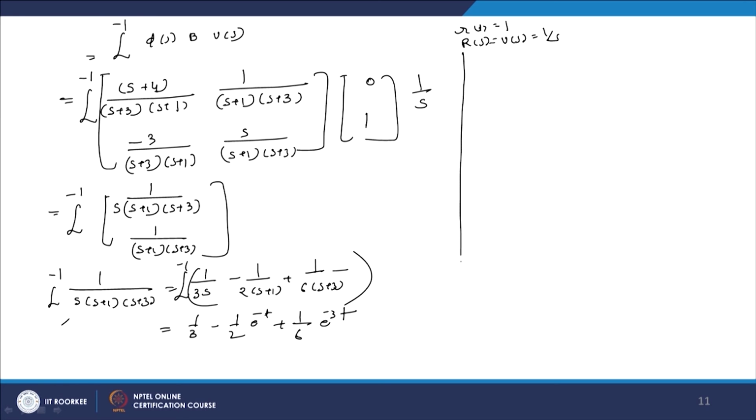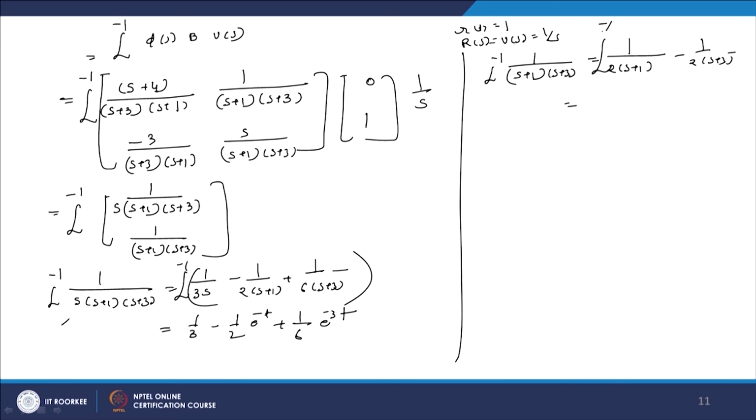Now, coming to the Laplace inverse of 1 upon (s plus 1)(s plus 3). This can be written as 1 by 2(s plus 1) minus 1 by 2(s plus 3), and that is the inverse Laplace.